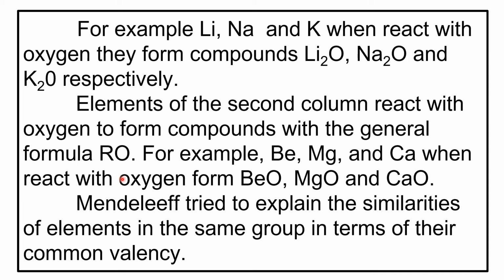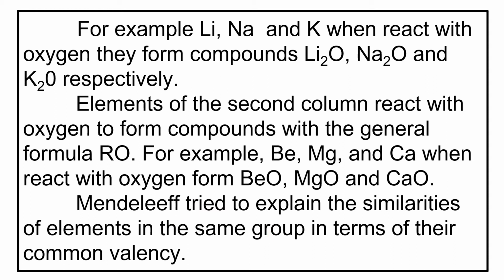So here Dmitri Mendeleev arranged the elements in increasing order of their atomic weights, and he also took the chemical properties of the elements into account in arranging them in tabular form, and he tried to explain the similarities of the elements in the same group in terms of their common valency.